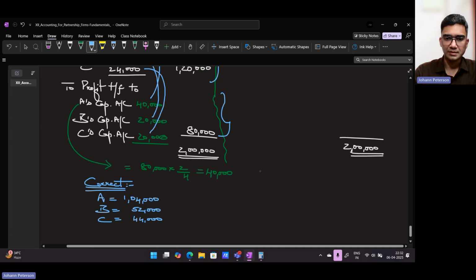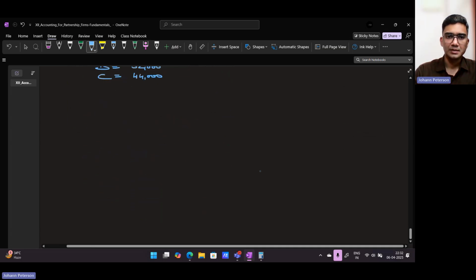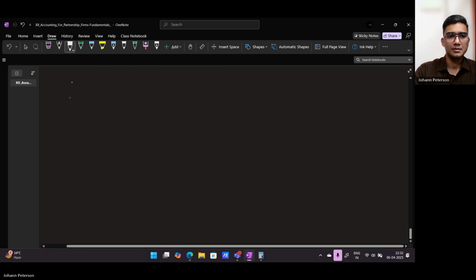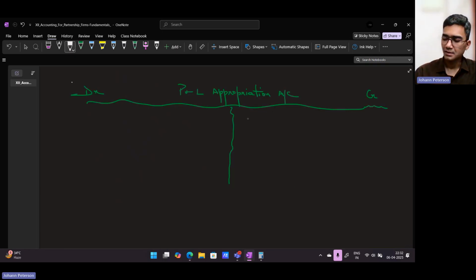But what did we do in the first instance? In the first instance, I'll just solve it and show over here. We had directly been assuming we had a net profit from the P&L account. We had 2 lakh. We had directly distributed this without giving interest on capital.